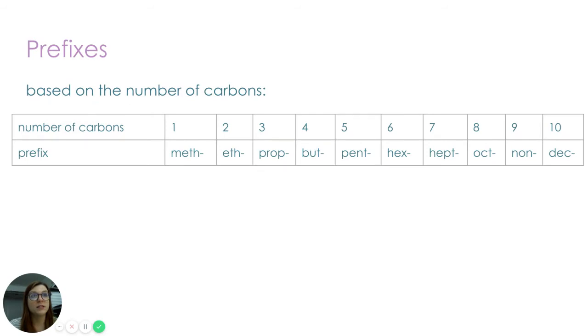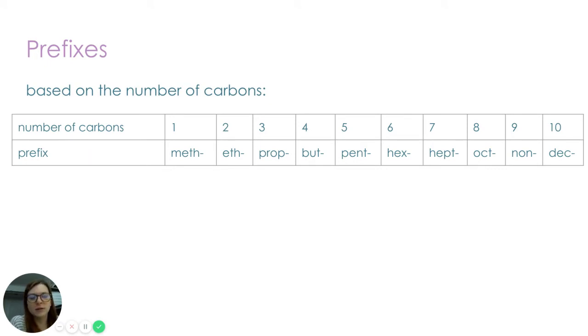So here are our prefixes. When I have 1 carbon in my chain, it is a meth thing. So it could be methane. Methane is a culprit in global warming or climate change.